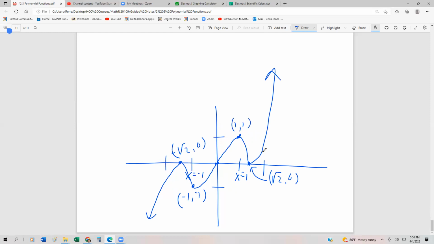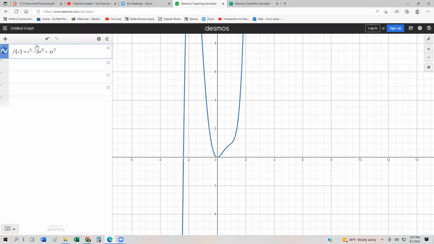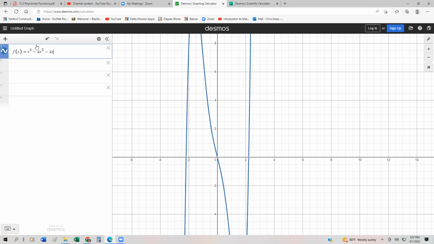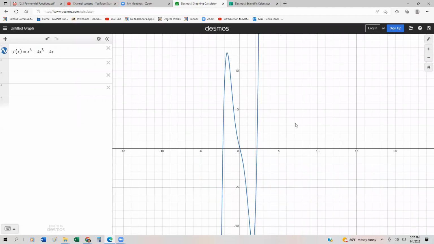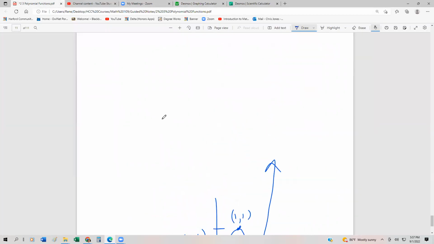Now, let's see what happens if we were to sketch this graph by using a graphing device. So we have x to the fifth, and then we have minus 4x cubed, and then we have minus 4x, right? And I'm going to scroll out a little bit, and it looks like, unless I graph this incorrectly, so let me go back to the original function.